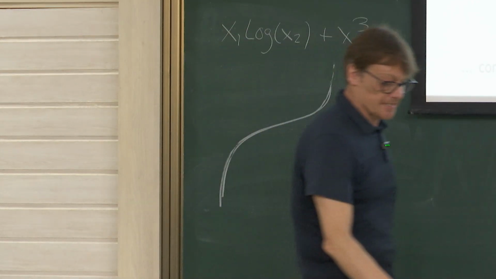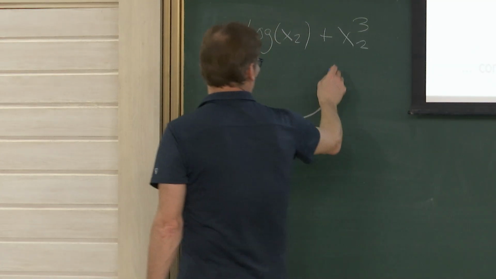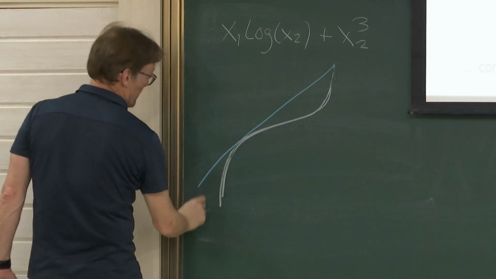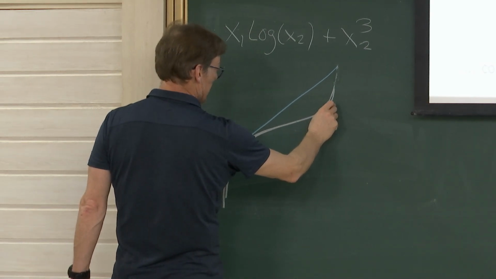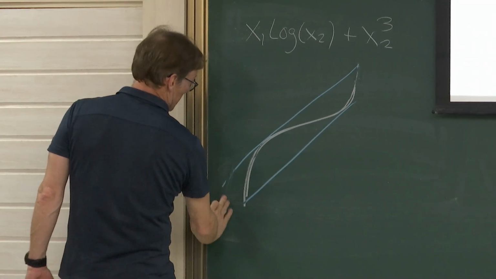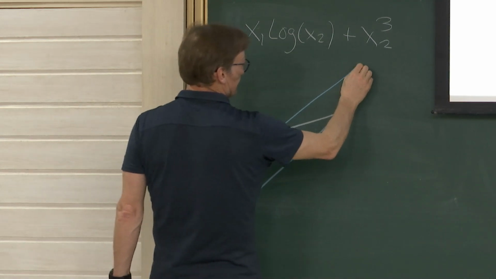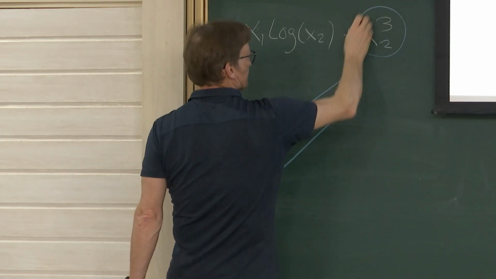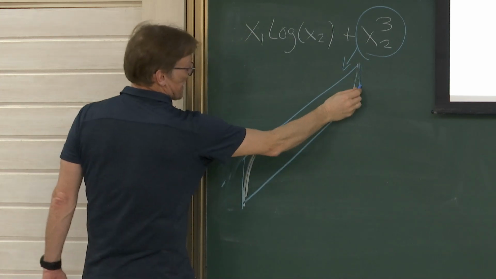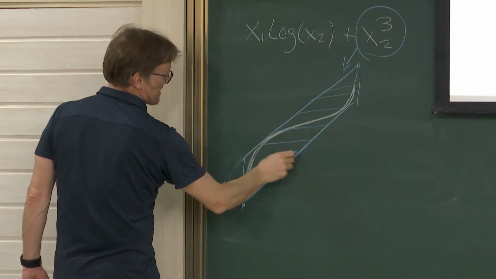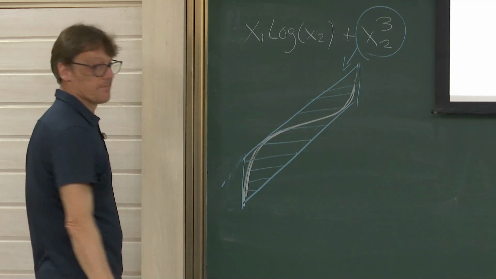Then I relax it by, for example, taking these two secants here and then joining them up. And so I can relax this constraint to the set that's now this convex relaxation.